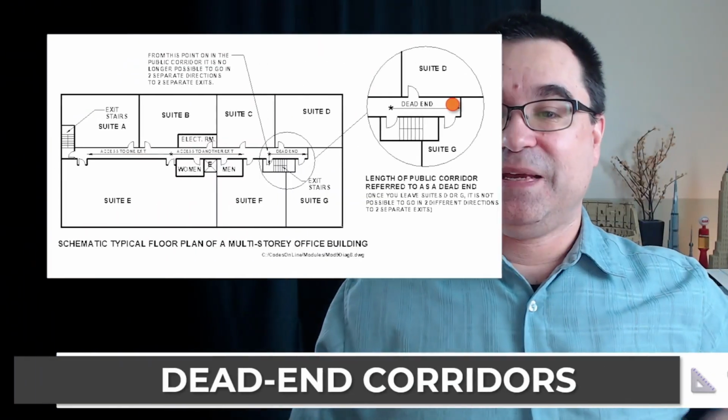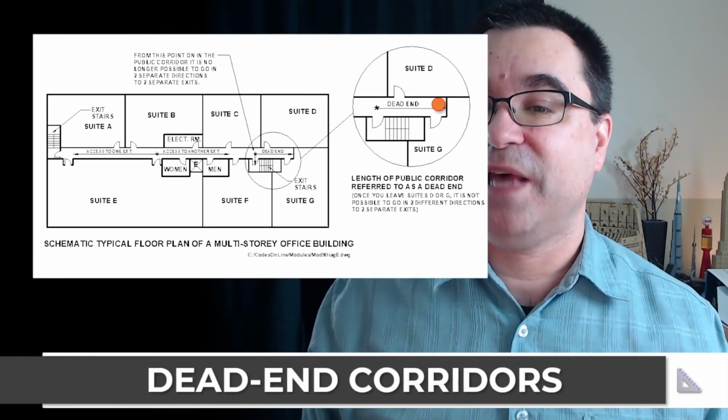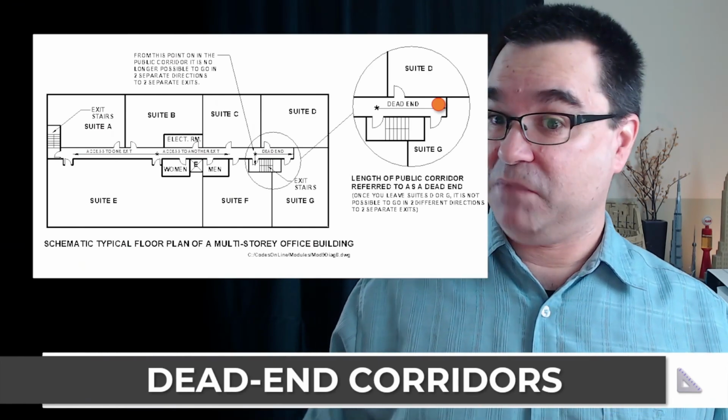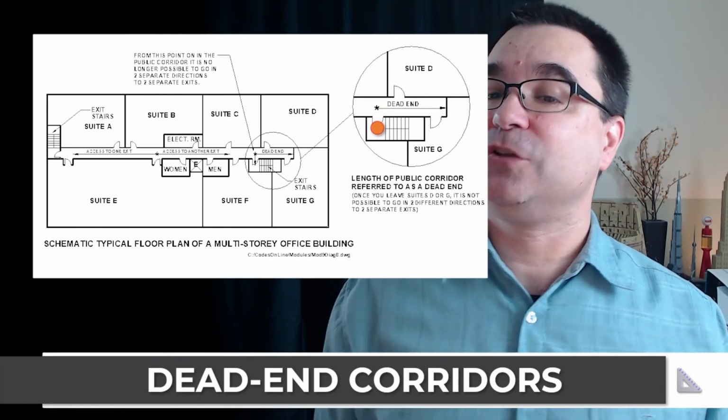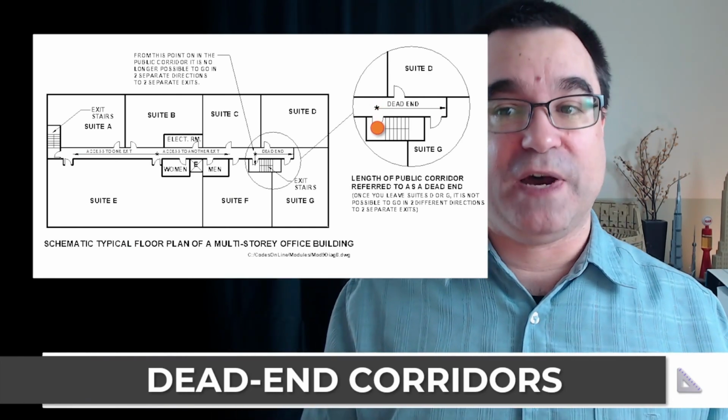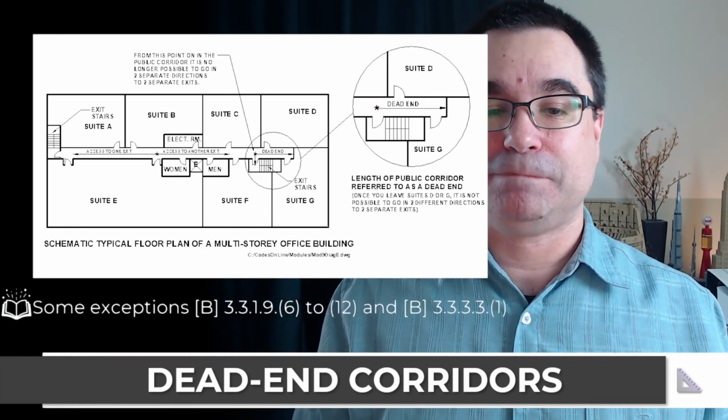Because you should be able to exit any of the suites you're in and always know that regardless of what direction you go in, you're going to go in the direction of an exit to get out to safety, right? But if this happens, you're in a dead-end corridor, and maybe that's not a good thing, because then you have to double back to go in the opposite direction to finally reach that exit.